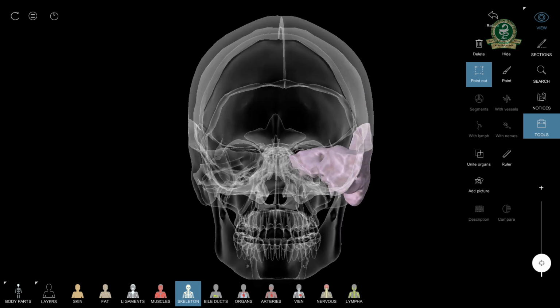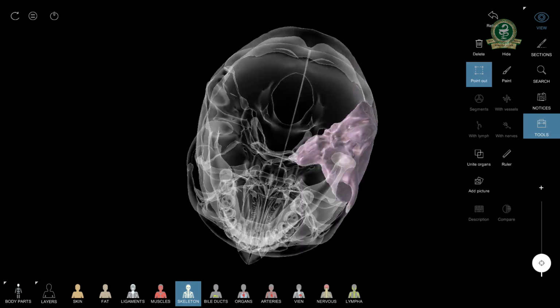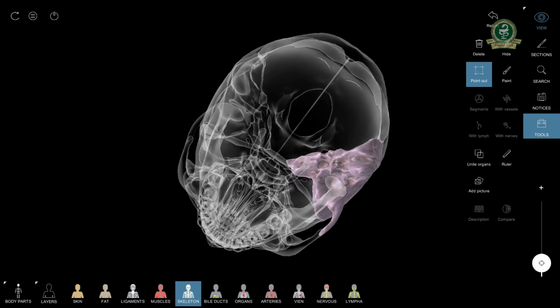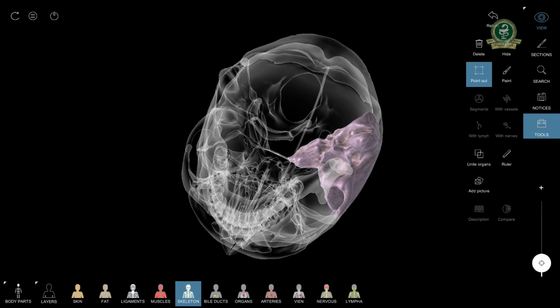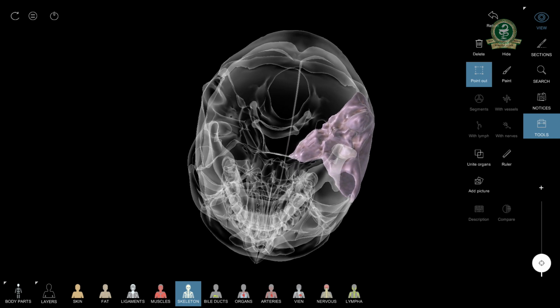Let's put it like this. But I can't show you. And here's the jugular foramen. The jugular foramen is a little bit from the back side here, and the foramen magnum is there, and the carotid canal comes here, a little bit further back.